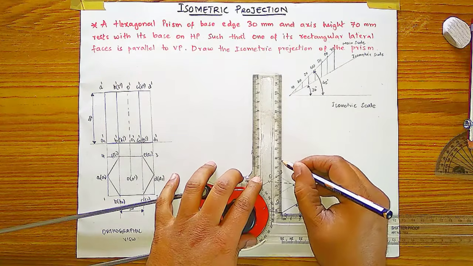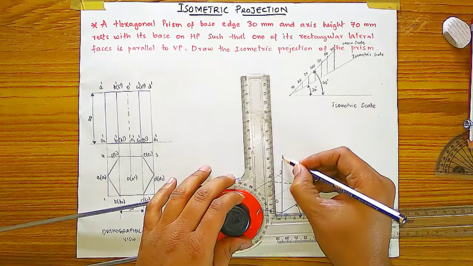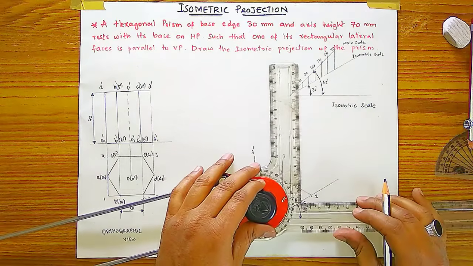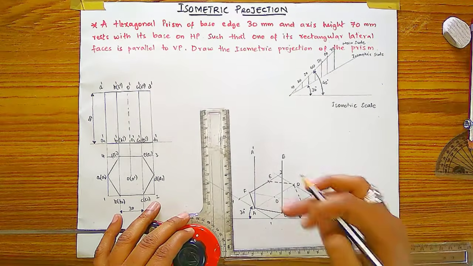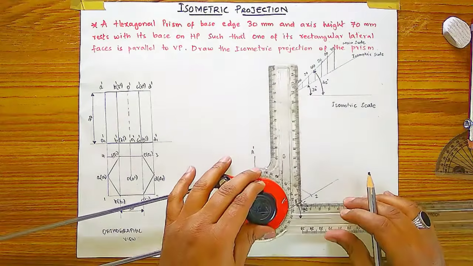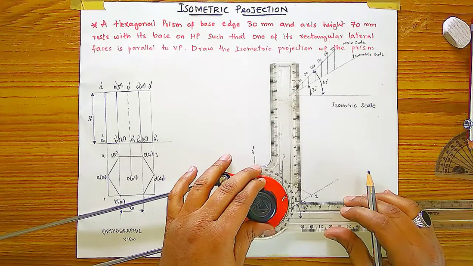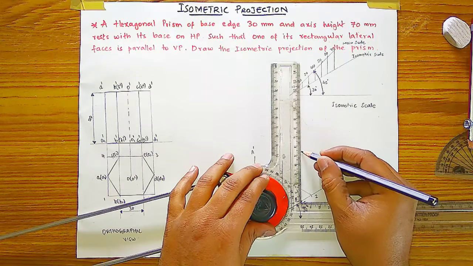Straight we have to draw. It is visible, so I am doing dark, and this point is B dash. And from C, it is also visible from the front. When you see, we are the observers, if you see this line, it is also visible. So do it as dark. Axis height is 5.6.